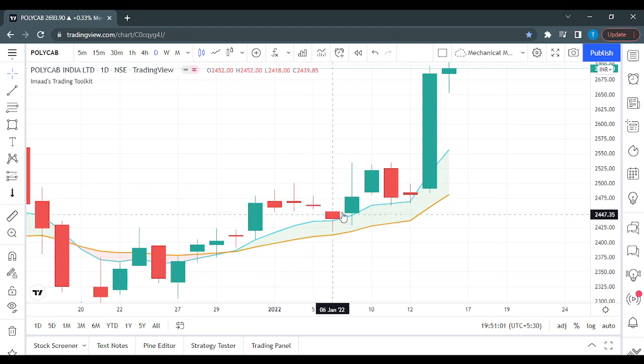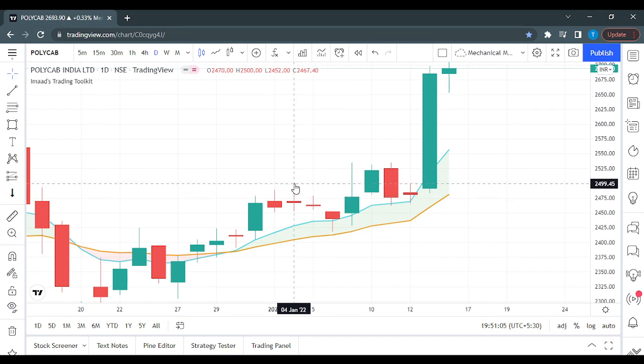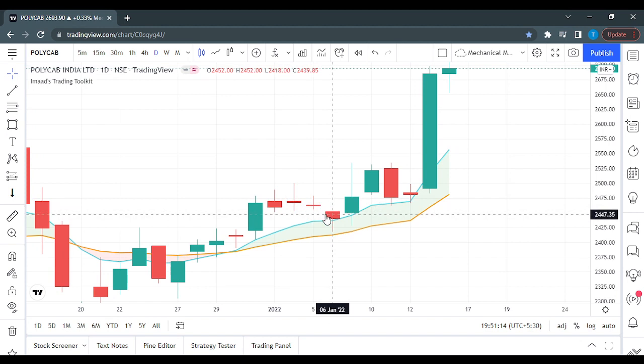Now, what is the ring low pattern? You will see here that after making a recent high, the stock comes back to make two pullback candles, and within these two pullback candles, there is a lower high and a lower low in the second candle.